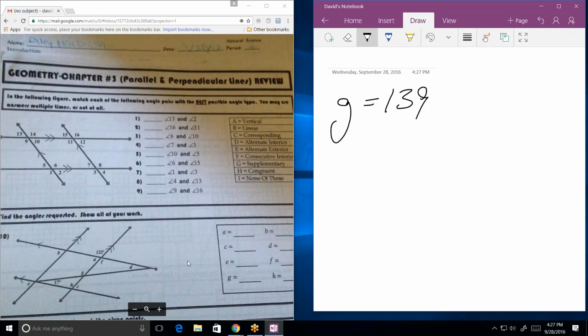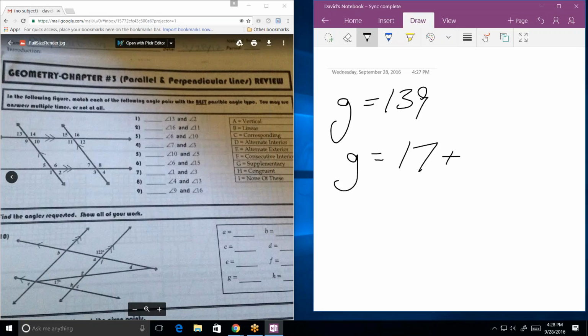So G has to equal what? 17 plus H. Let's start there. H is 58.